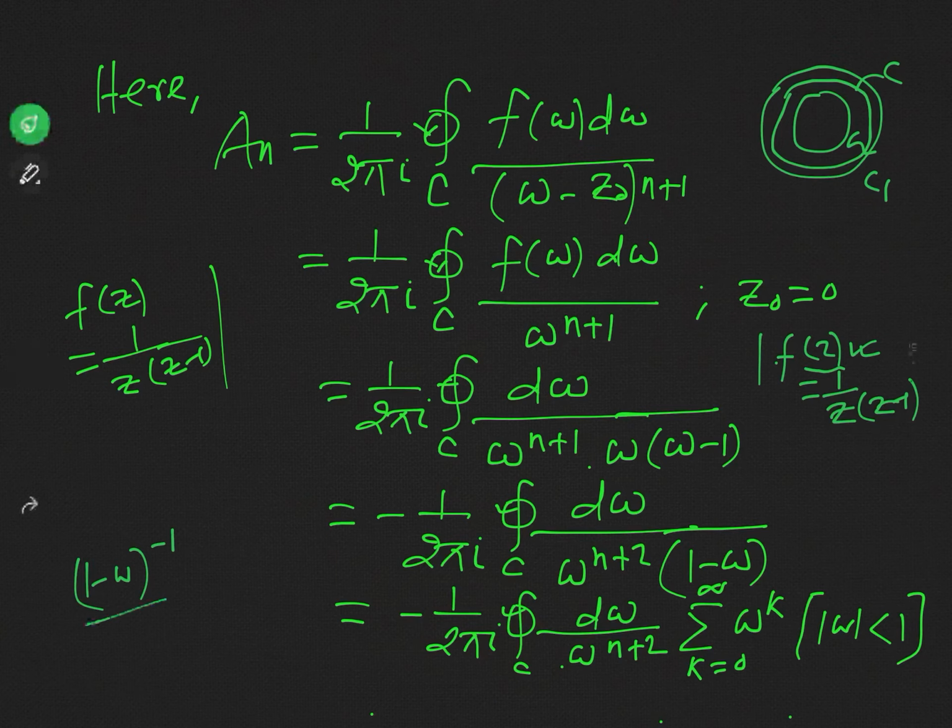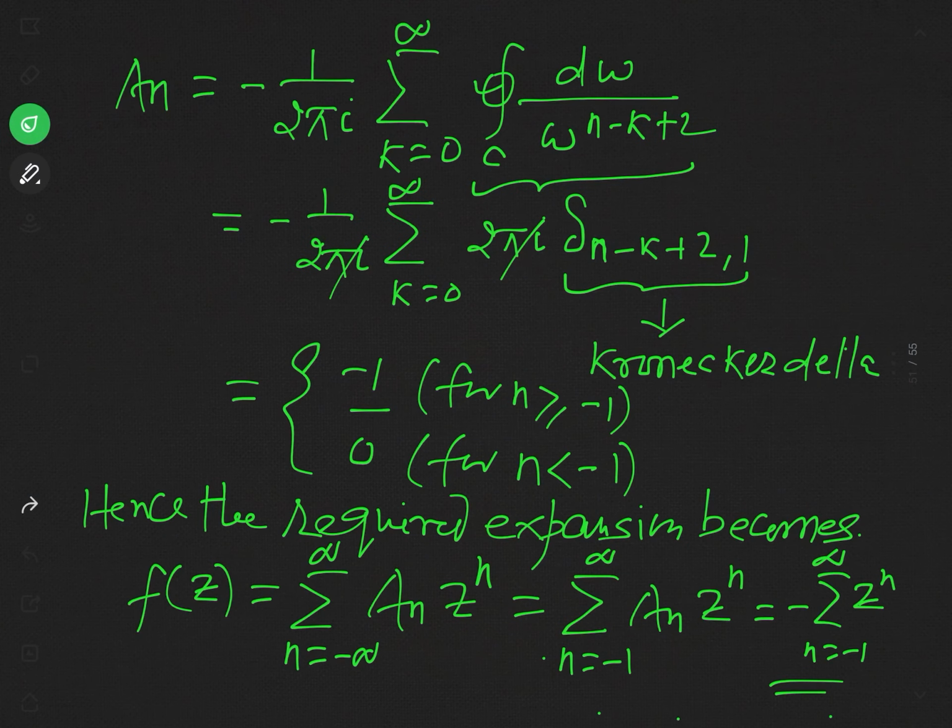If we take the factor w to the power k which is in the numerator into the denominator, that will be w to the power minus k. So when we multiply w to the power n plus 2 and w to the power minus k, that will actually be w to the power n minus k plus 2.